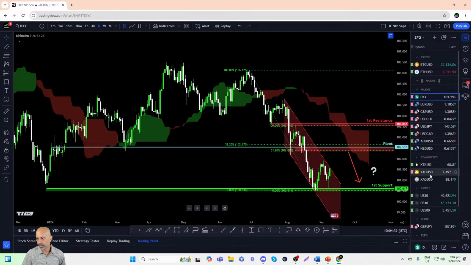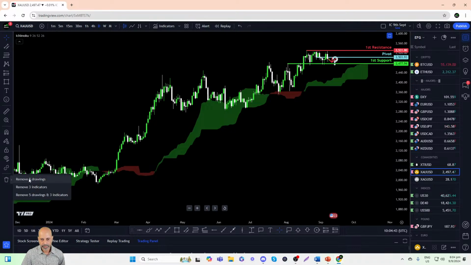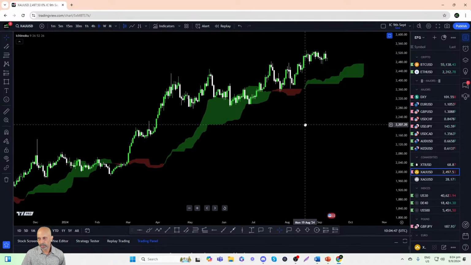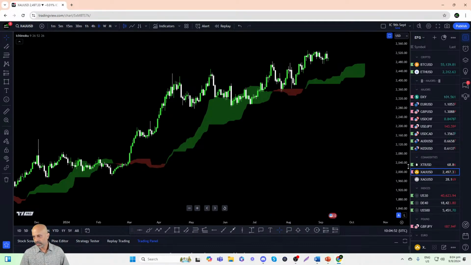Now, moving on over to gold, XAU USD is the instrument that tracks the futures spot, which tracks the spot prices for gold, right? And we can see it currently trading around $2,497 per ounce.